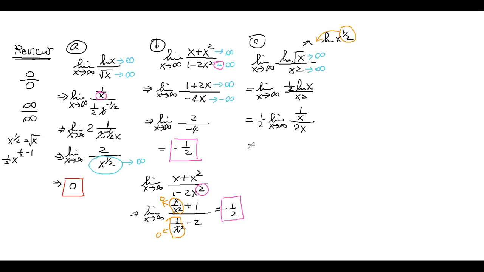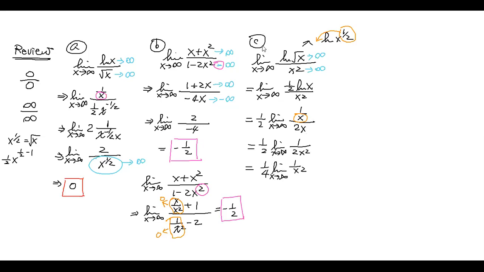So this is 1/2, then the limit as x approaches infinity, and this x goes down, right? So this will be 1/2 times x squared. If you like, you can move this 1/2 to the front. So it's the limit of 1/4 times 1 over x squared.